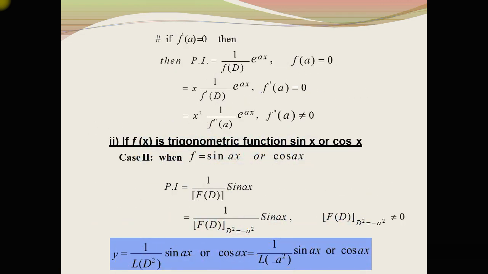Then replace D by the coefficient a, and if the result is 0, take the derivative of this differential operator, then put D equal to this coefficient, and put x outside, in front of this operator factor. And now this is the end of this segment.